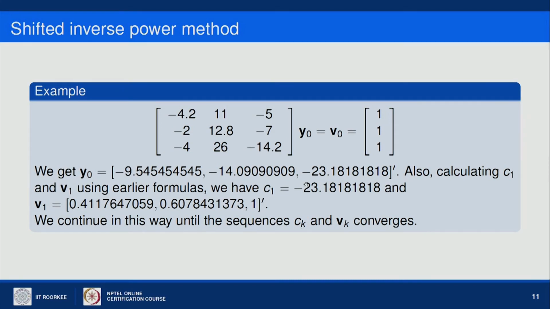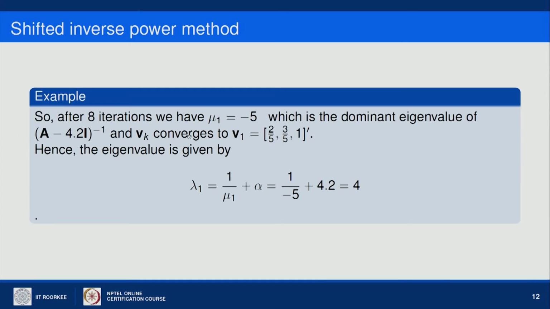So, y0 is this value, then C1 comes minus 23.18181818, and then V1 is this particular vector. After 8 iterations we have mu1 equals minus 5, which is the dominant eigenvalue of A minus 4.2 I inverse, and then Vk converges to V1, that is 2 by 5, 3 by 5 and 1.